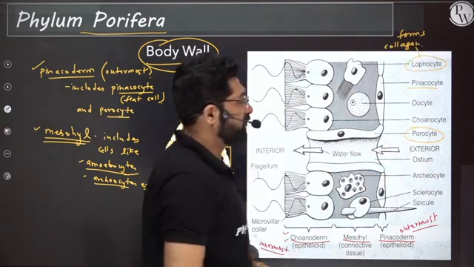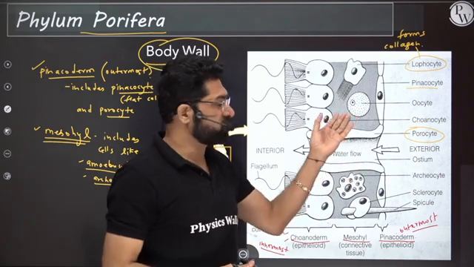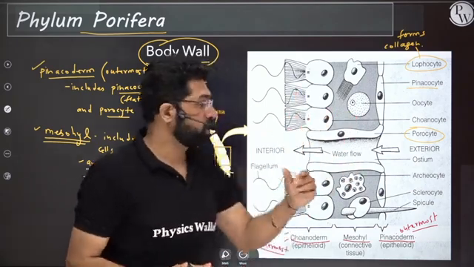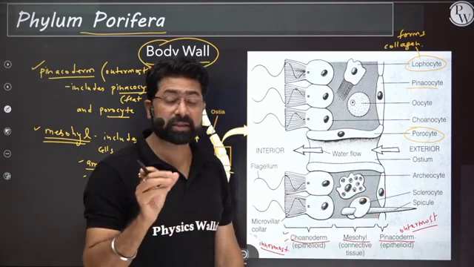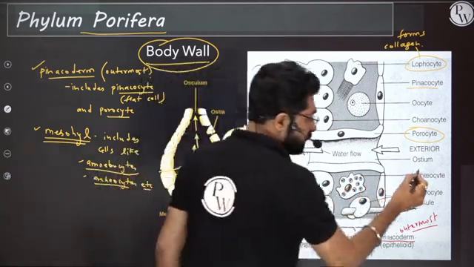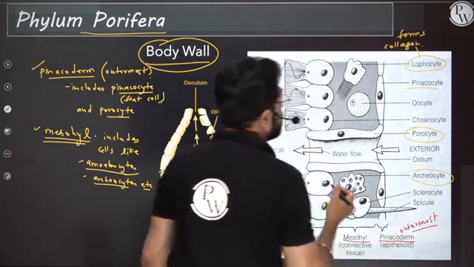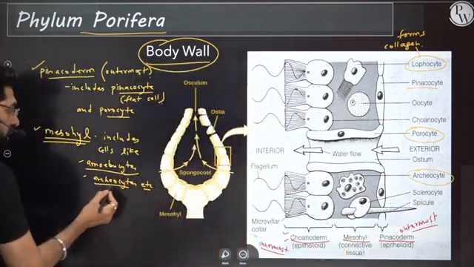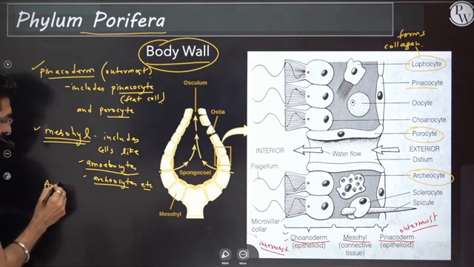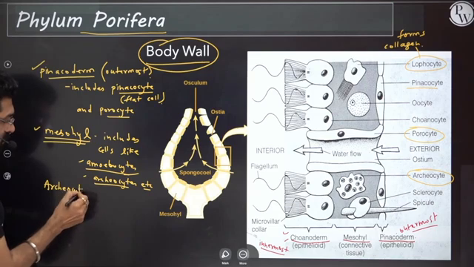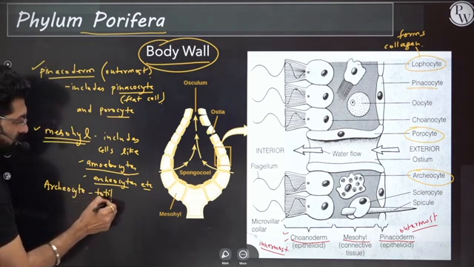The oocyte is a female reproductive cell which will take part in reproduction. Here you see the archaeocyte. Archaeocyte is a totipotent cell. Please remember, this is a very important cell. What do you mean by totipotent?